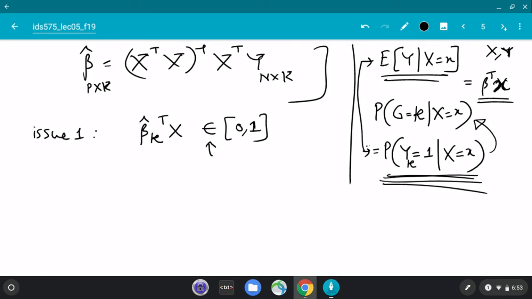But anyway, issue one is that we have a linear function here. If x's are taking some values, maybe betas are such that I'm getting a number which is greater than one. Or it could also be that the number is less than zero. Probabilities cannot be less than zero. There's some issue like that.